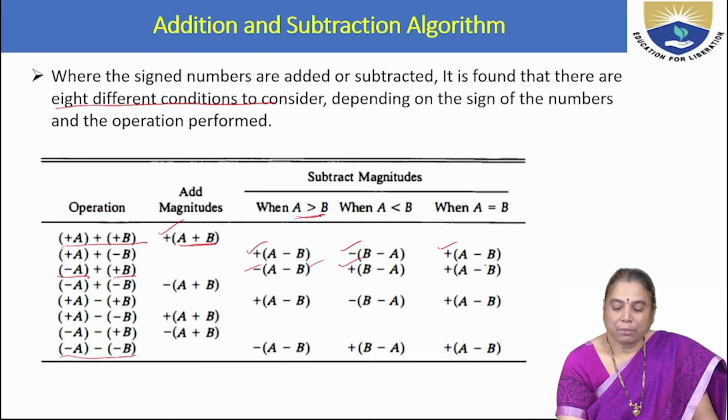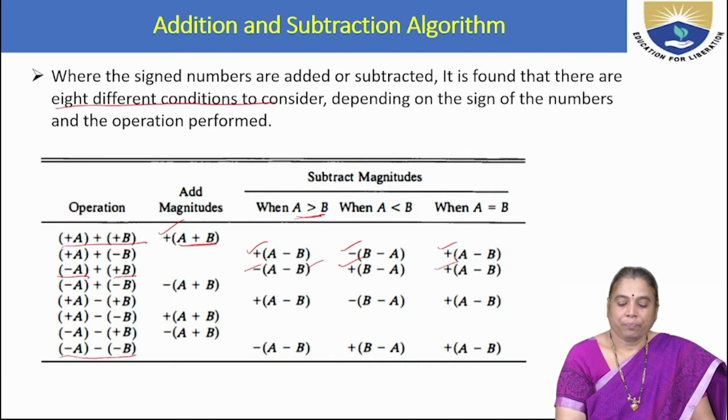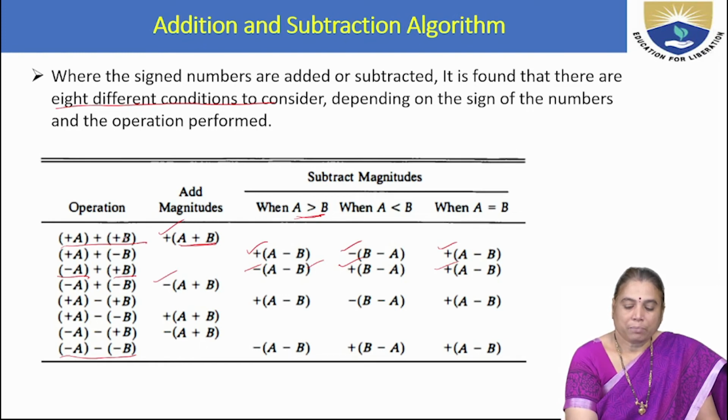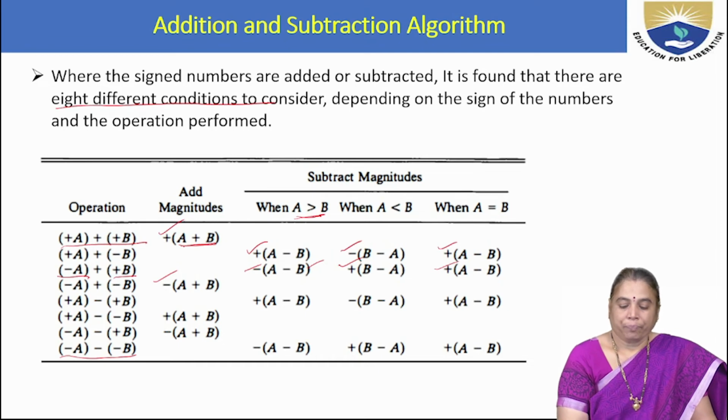When both magnitude values are equal, A minus B is performed and the result has the plus sign. In case both numbers have the minus sign, then A plus B is performed and the result is minus. So if both numbers have the same sign, the A plus B operation is performed and the result has the corresponding sign.